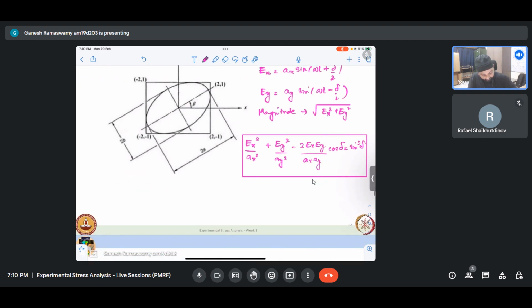So from this, it follows, we also have a standard result for the azimuth of the light ellipse, which is 2 tan beta, related to this by the ratio of amplitudes.